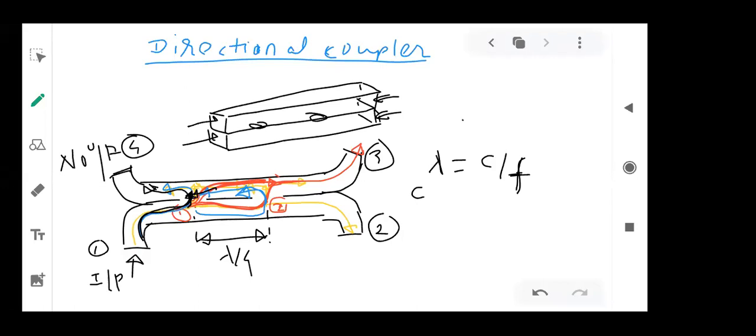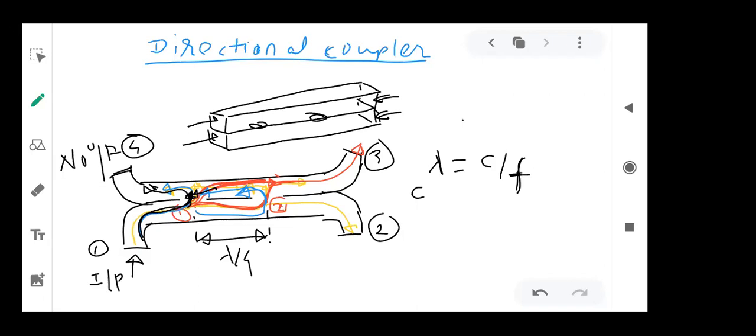because you have to maintain, see, the distance between the two apertures should be what? Lambda by 4 or an odd multiple of lambda by 4, because an even multiple of lambda by 4, if we multiply it by 2, becomes what? Lambda by 2 distance. So we don't want that. The distance between the two apertures should be an odd multiple of lambda by 4.